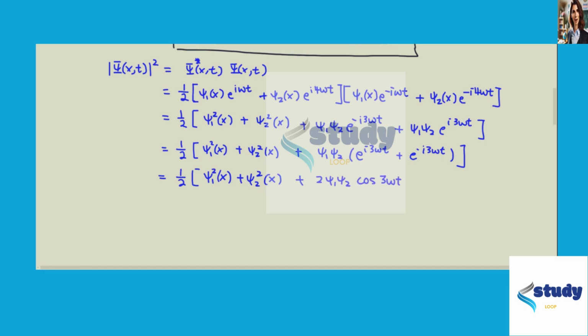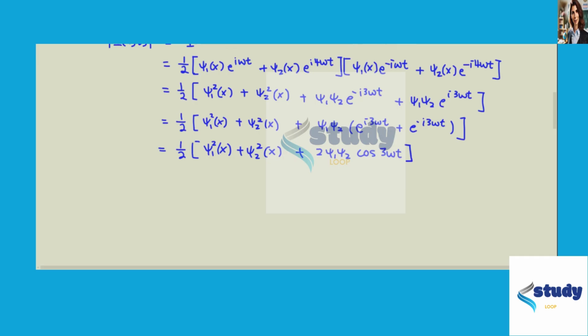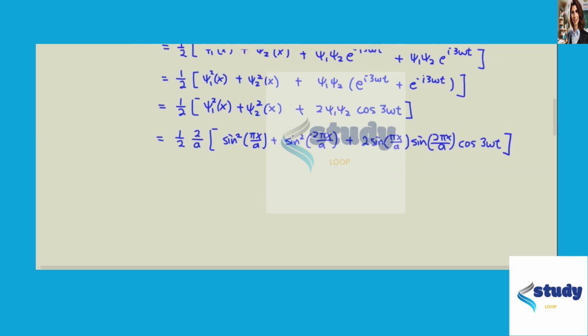And if you want to substitute the functions inside here, you have a half times, there's a 2 over a outside, and then sine squared pi x over a plus sine squared 2 pi x over a plus 2 sine pi x over a sine 2 pi x over a cosine 3 omega t. And then you can simplify further.